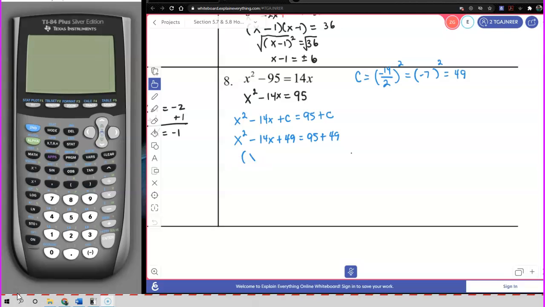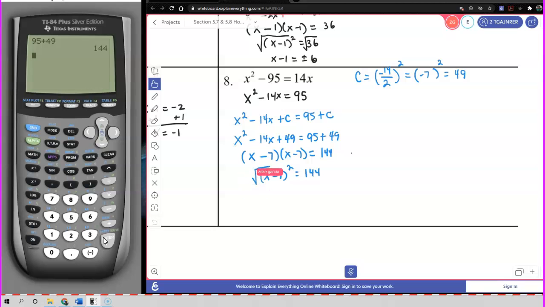So you're going to have here x minus 7 times x minus 7 is equal to 95 plus 49. So I'm just going to quickly use my calculator. 95 plus 49. That's 144, which I like. So you have x minus 7 squared is equal to 144.